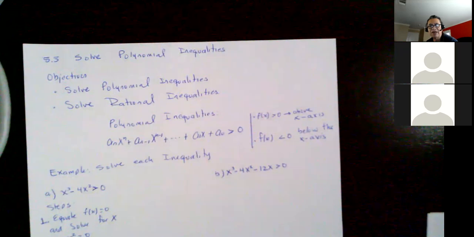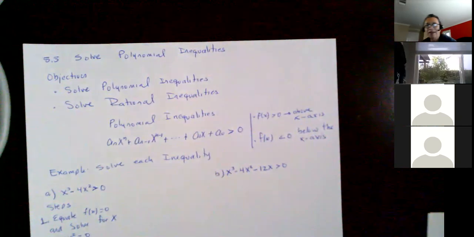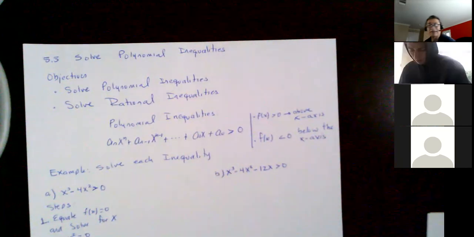We mentioned that the solution was either above the x-axis or below the x-axis, and the answers were written as intervals. Probably some of you remember. It is the same idea here.